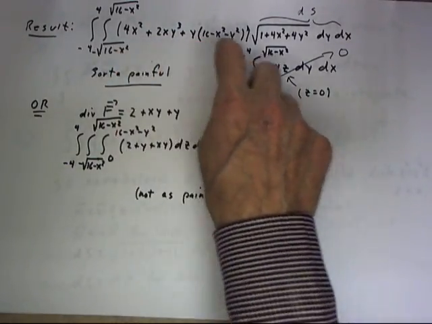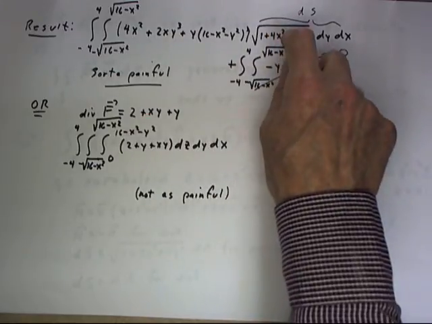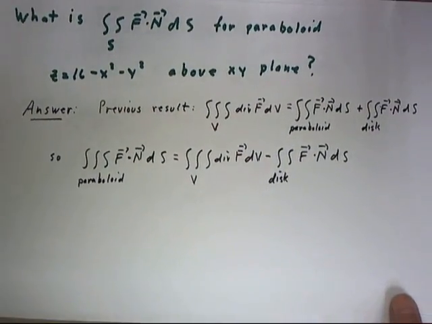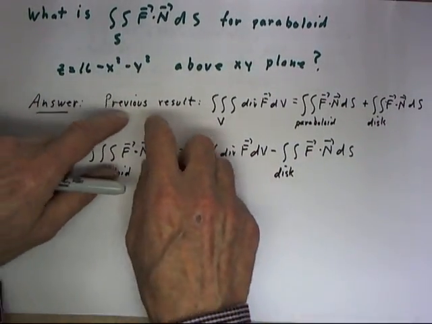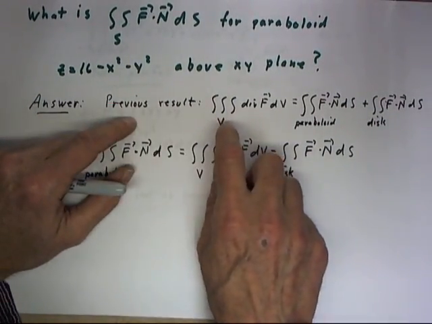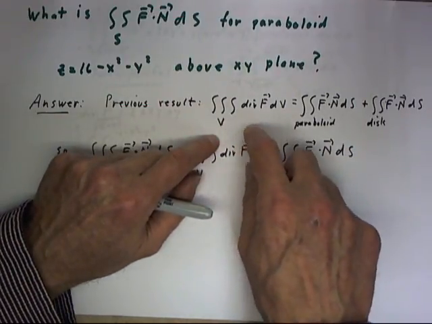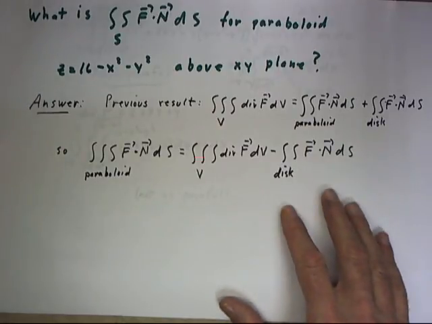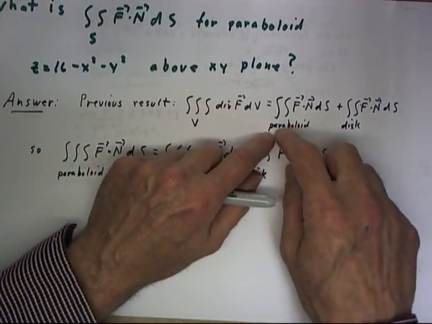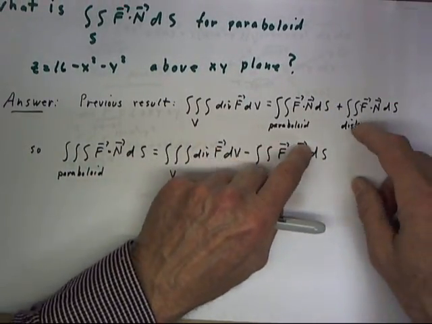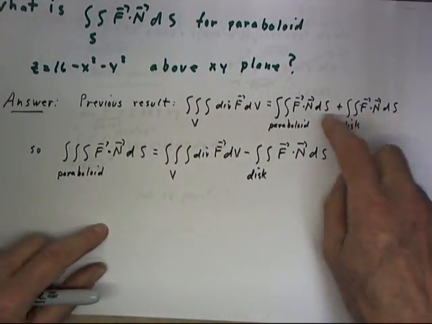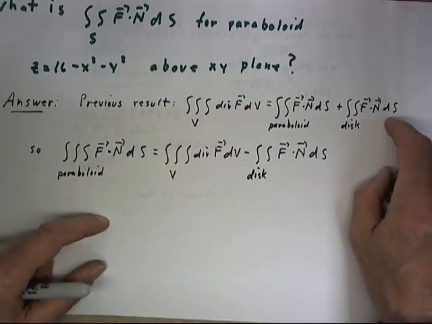Now, if we really want to know what this integral is over the paraboloid, having done this integral, we can say, well, our previous result gave us this integral if we complete the details of integrating the expression that I left you with. That's going to equal the integral over the paraboloid plus the integral over the disk of the normal component with respect to the surface area.